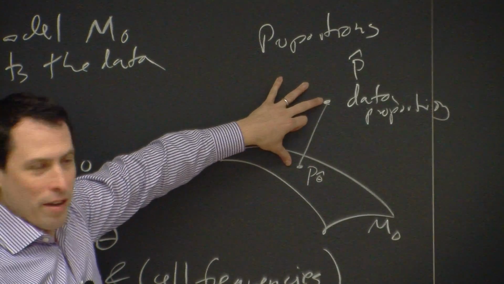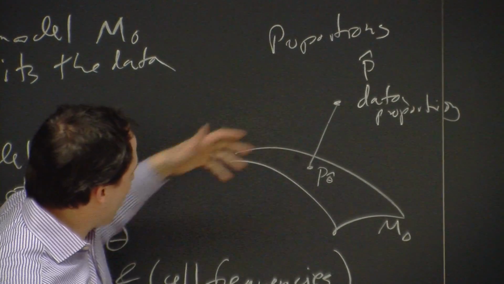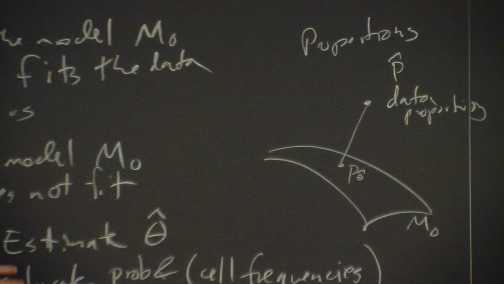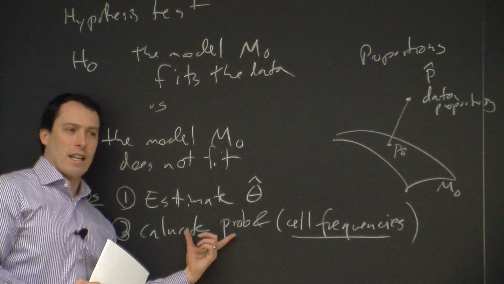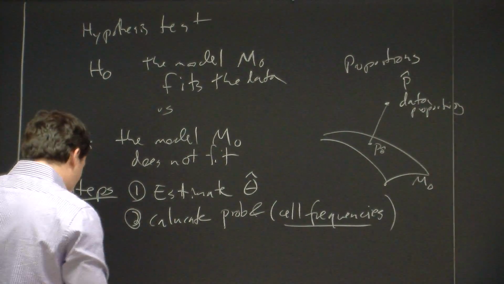We're trying to decide whether or not we're close enough to the model to say we live on it, and the statistic that tells us whether this distance is significant or not, of course, has to depend on the sample size. So it's not enough to estimate the probabilities, we also have to estimate the frequencies.